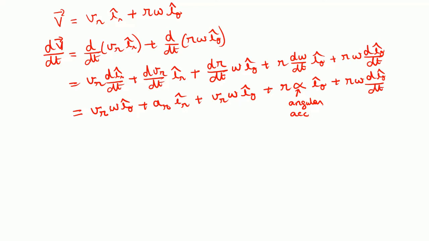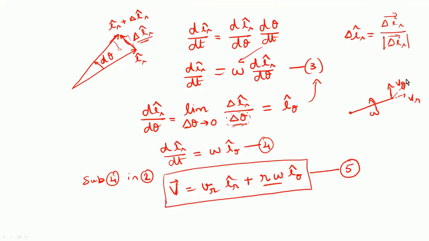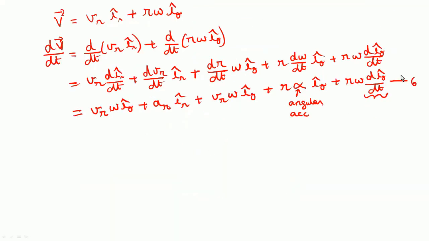Now what is unknown is dE theta by dt. So let me put this as equation number 6, since we have gone till 5 now. Now what we have to find out is dE theta by dt. This is the acceleration vector. So let us find out dE theta by dt. Now what is dE theta by dt?